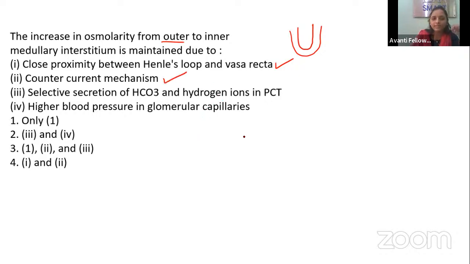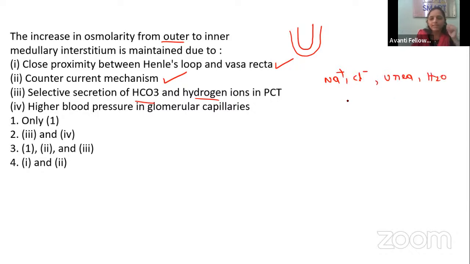Then the third statement: selective secretion of bicarbonate and the hydrogen ion in the PCT. No, the osmolarity cannot be maintained by HCO3 and the hydrogen ion. The osmolarity is mainly controlled by sodium, chloride, and urea, and also water is involved in it.